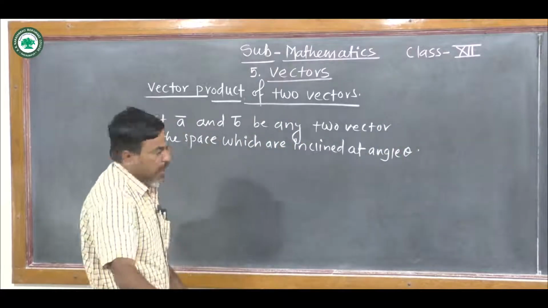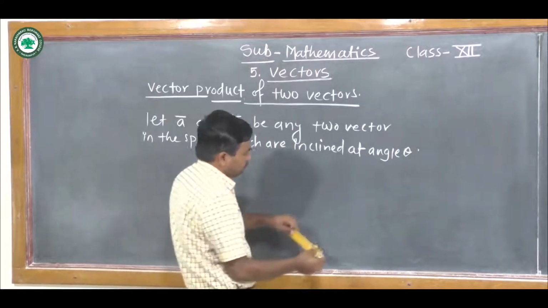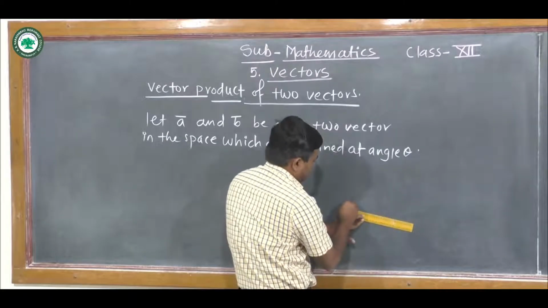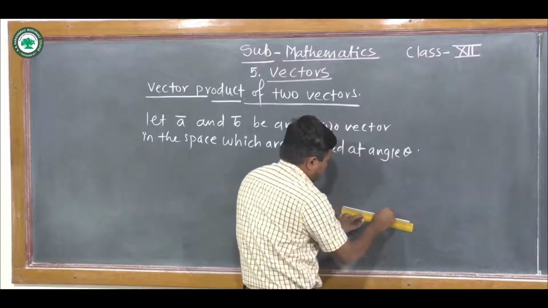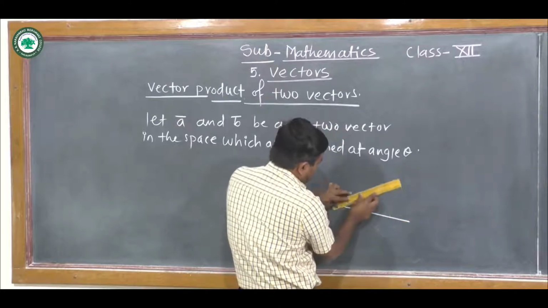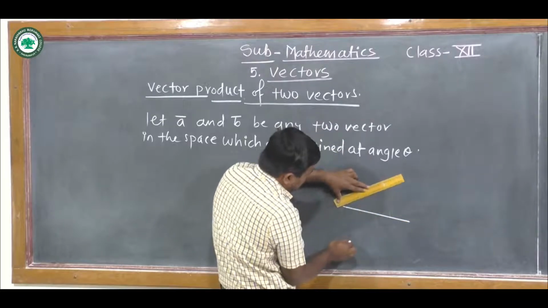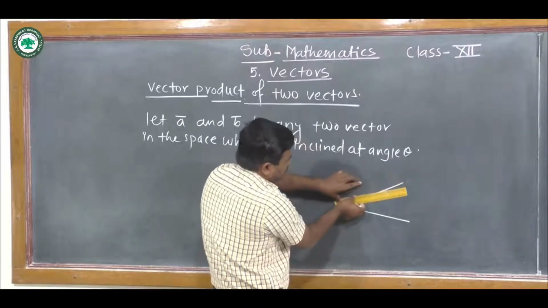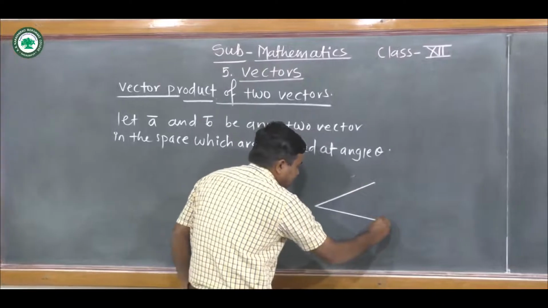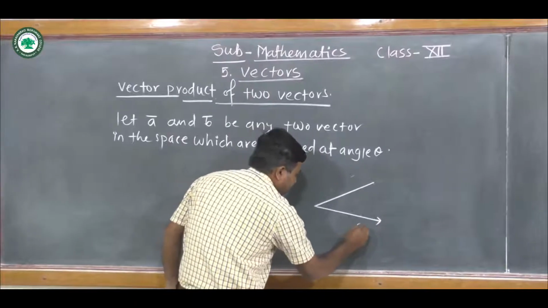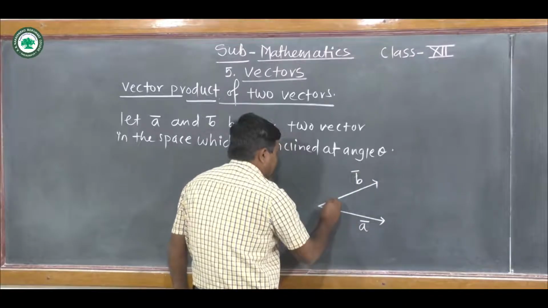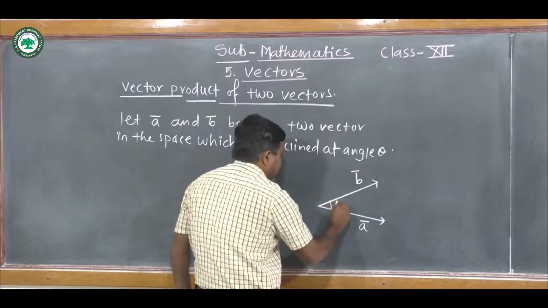So we have two vectors in the space, A bar and B bar, which are inclined at an angle theta. So this is A bar and this vector is B bar, and they are inclined at an angle theta.